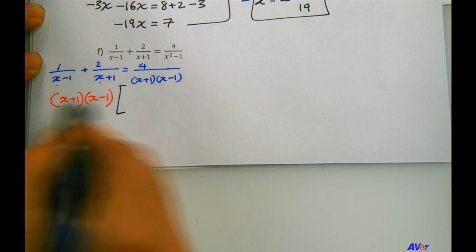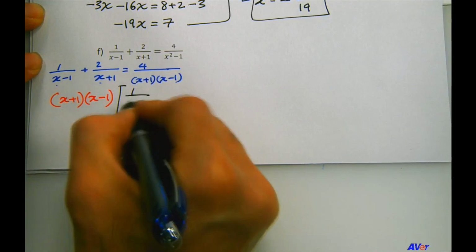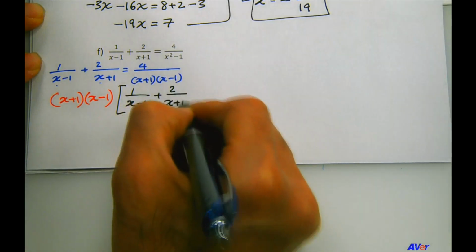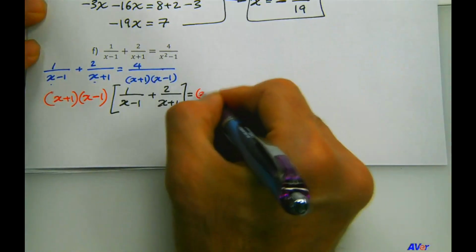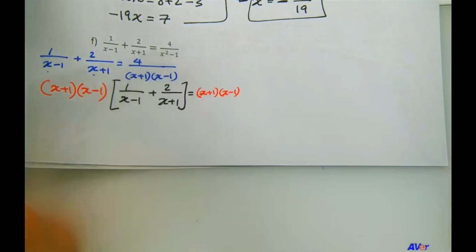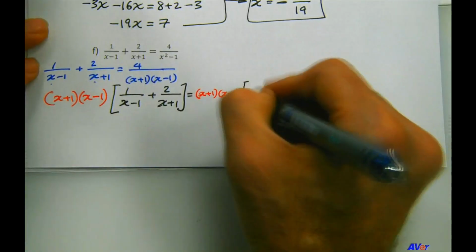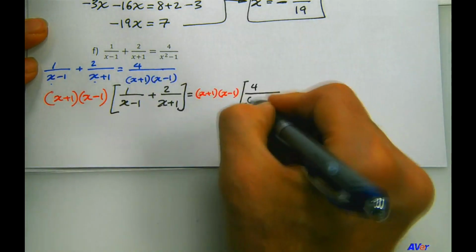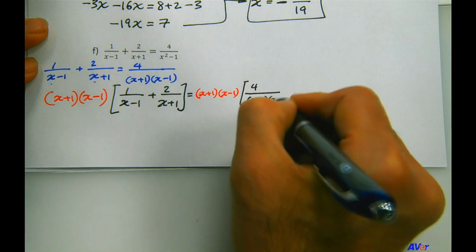Multiplied by the left-hand side, 1 over x minus 1 plus 2 over x plus 1 equals x plus 1 times x minus 1 times 4 over x plus 1 times x minus 1.